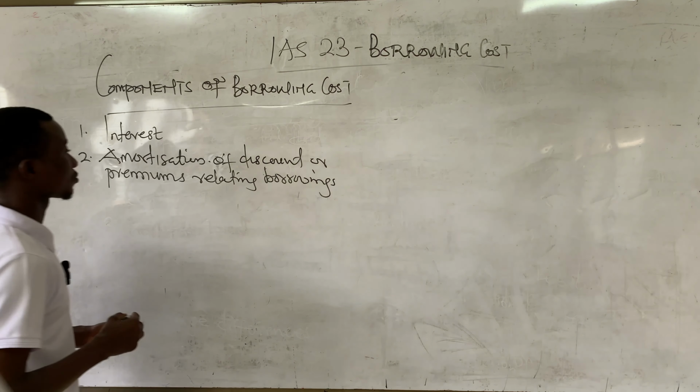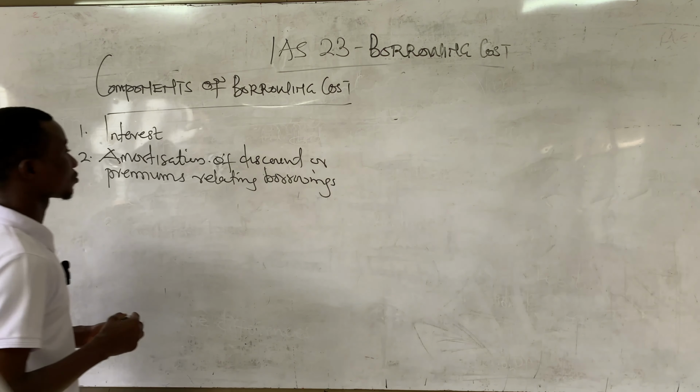For instance, when a bank gives a loan to an entity or business at a discount, it means that the entity will pay the finance charge relating to the loan at a lesser amount. And one key thing you also have to take note of is that interest is always per annum, and discount and premium are always for the entire duration of the loan term.